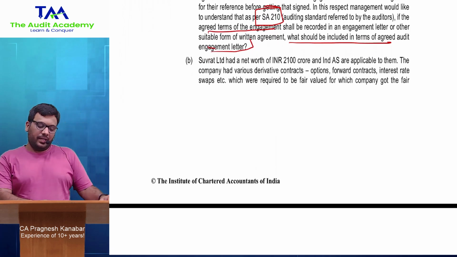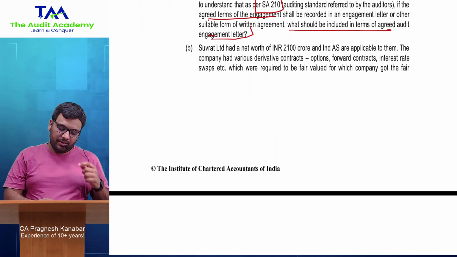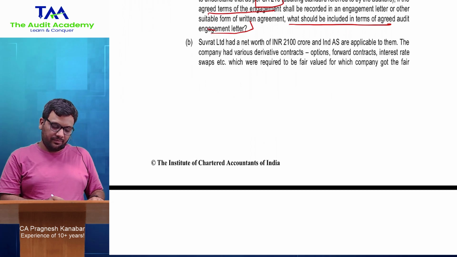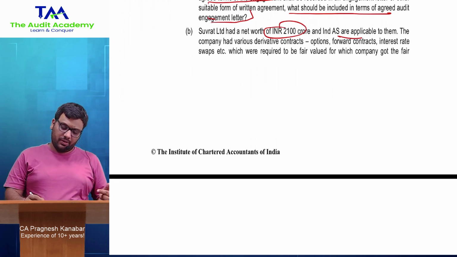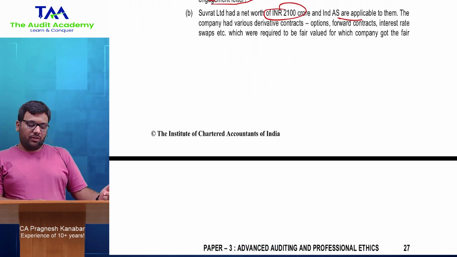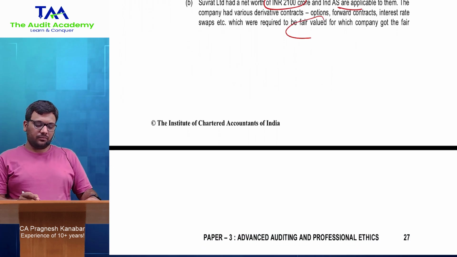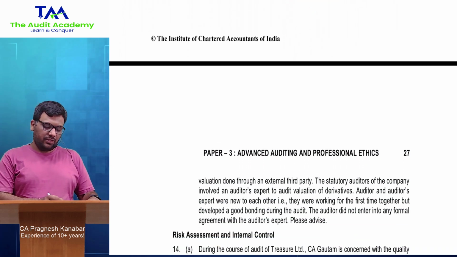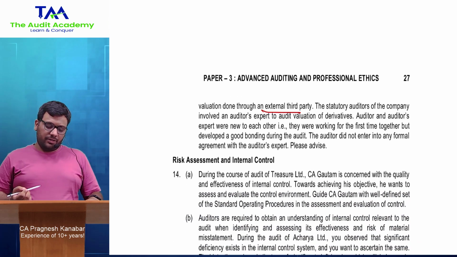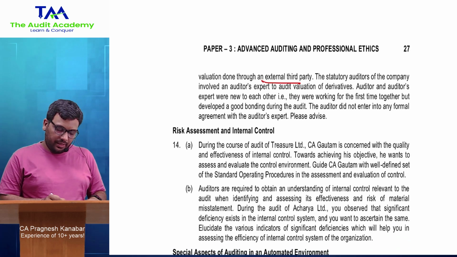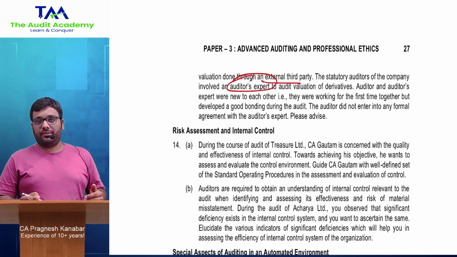All right, question 13B. Surat Limited had a net worth of 2100 crore, and Ind AS are applicable to them. Obviously, yes. The company had various derivative contracts, options, forward contracts, interest rate swaps, which were required to be fair valued, for which the company got the fair valuation done through an external third party. The statutory auditors of the company involved an auditor's expert to audit the valuation of derivatives.